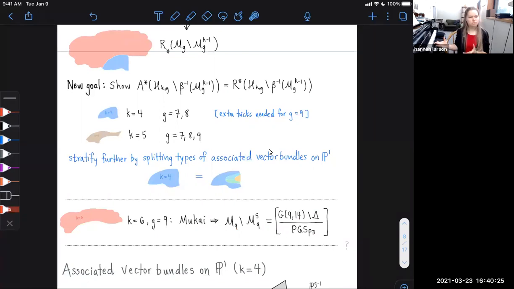And I'm not going to get into this in this talk, but once you have this beautiful result of Mukai, this last stratum turns out to be quite a bit easier to deal with than the cases when k equals 4 and 5. So curves of gonality 4 and 5 was really where the bulk of our work was. So I'll also pause here for a moment if there are any questions.